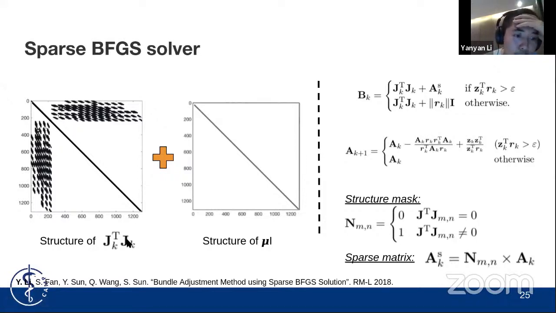We can use some Jacobian matrix to represent this Gaussian matrix, and then for the LM method, we add a structure of mu times an identity matrix.